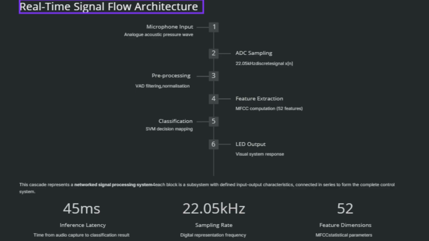The microphone captures the analog input, it's digitized, pre-processed, converted to MFCC features, classified using SVM, and finally, an LED output is triggered. Each of these stages can be viewed as a subsystem. Together, they form a complete signal processing chain similar to cascaded systems studied in SNS.